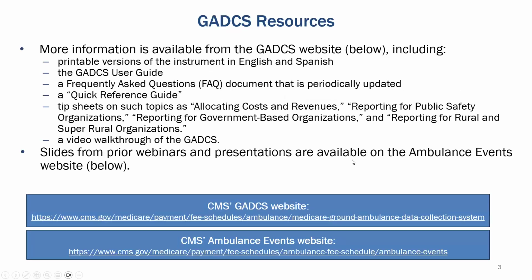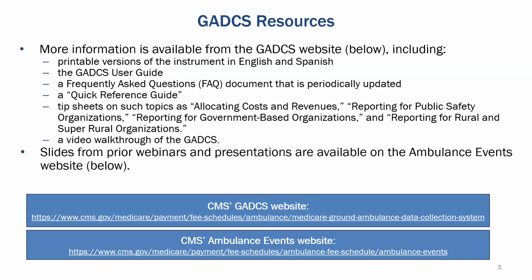Before we dive in to the core of this public safety webinar, I'd like to point out the wealth of resources and information available not just about public safety-based organizations, but more broadly on Medicare's GADCS website. The URL for that website is below the first blue box on the screen.